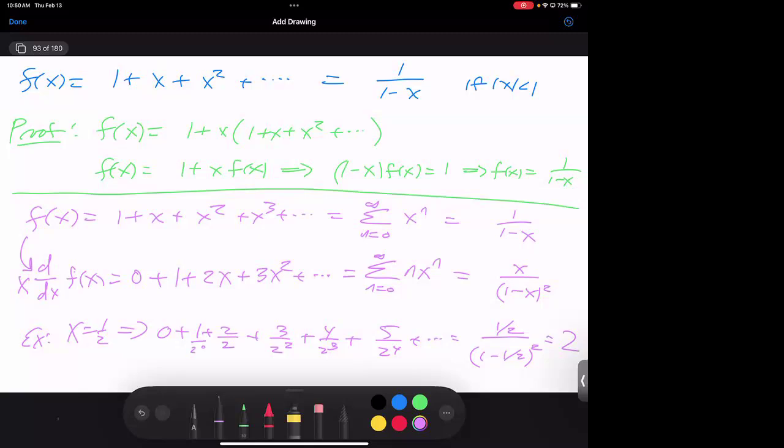Did I make a mistake somewhere? I'm just saying the second and third term are both 1, and then there are more positive things added to that sum. Oh, did I make a mistake?